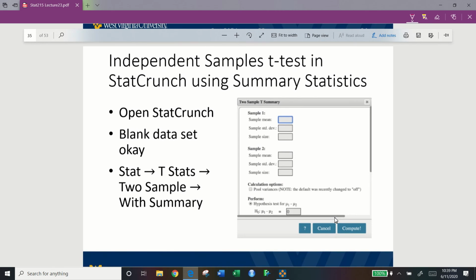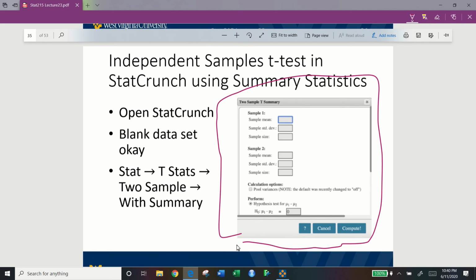Okay, now let's take a look at using the summary statistics in StatCrunch. As I mentioned previously, a lot of your homework problems are going to give you summary data, not necessarily the raw data. So if you go to T-Stats, Two Sample, and Summary, this is the screen that's going to pop up. As you can see, it'll have under sample 1, sample mean, sample standard deviation, and sample size.